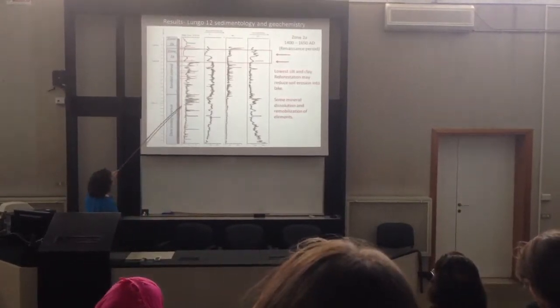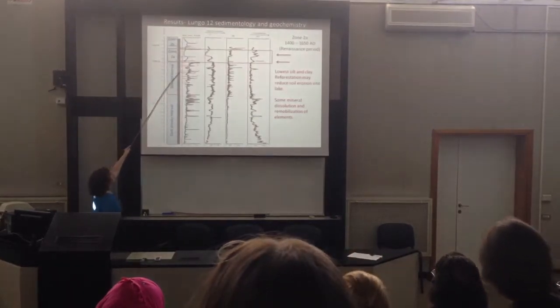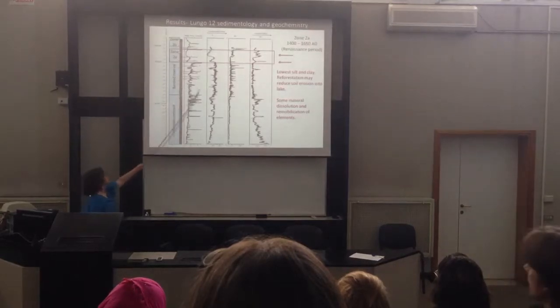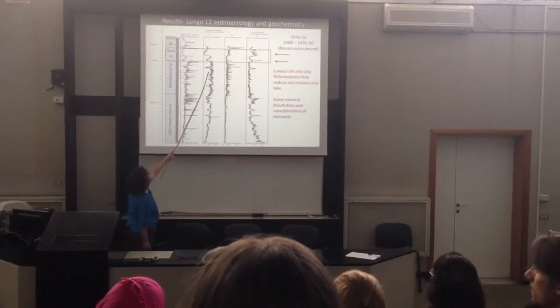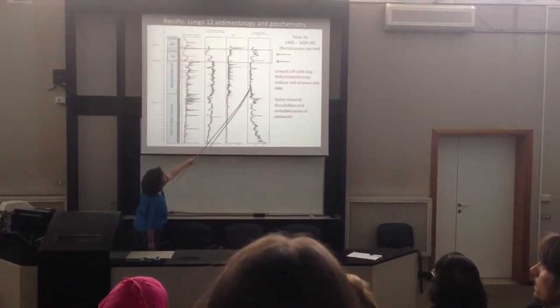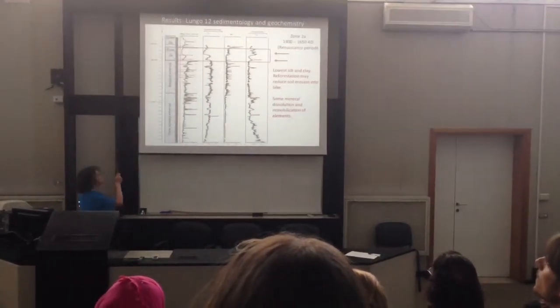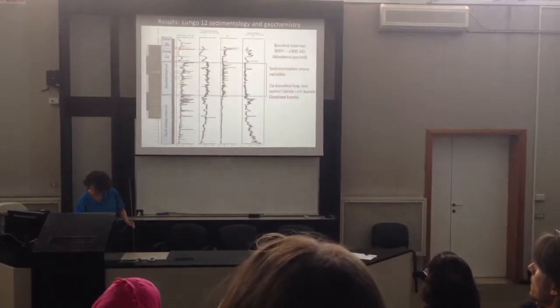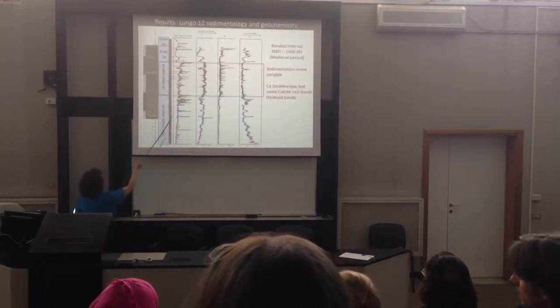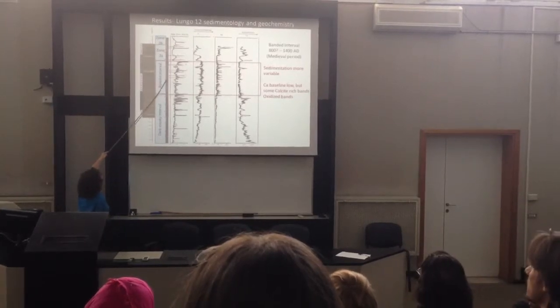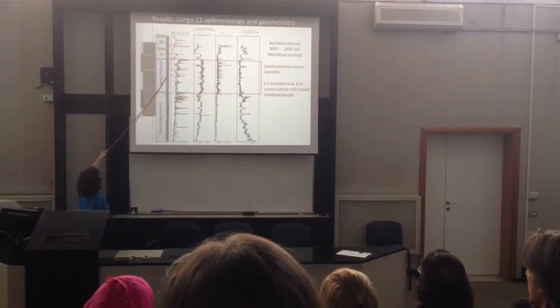We see this change in the magnetic susceptibility, which is this curve here. We see it in some of the elements: this is titanium, manganese, and calcium. And if we look at the actual core and the sediments, we also see the change. This is an enlargement of a small portion of this interval.